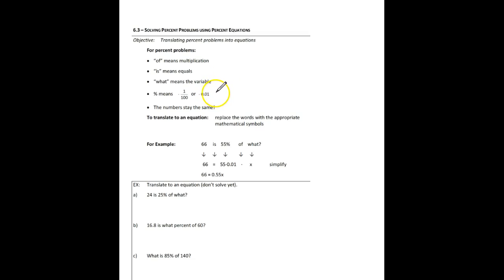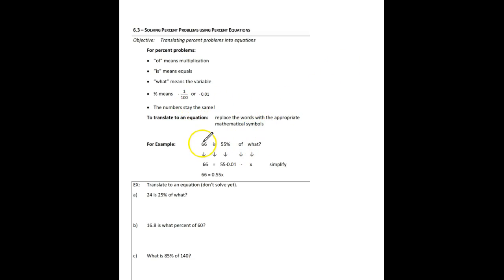And of course, percent means per 100. We talked about that in previous videos. So we're going to take whatever percent and turn it into a decimal by multiplying by 1 over 100, or 0.01. And then the rest of the numbers in the word problem are going to stay the same.